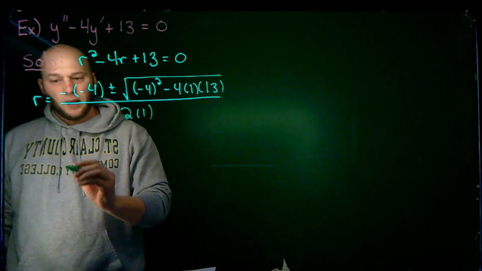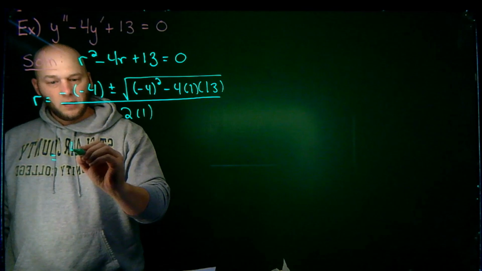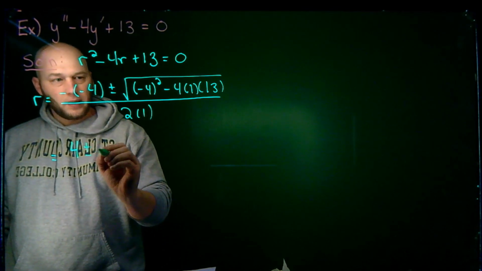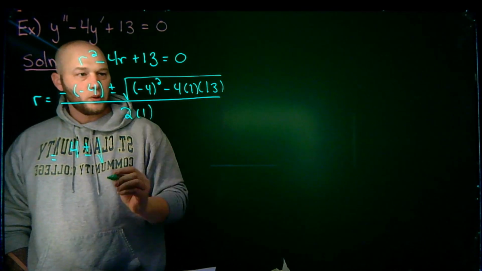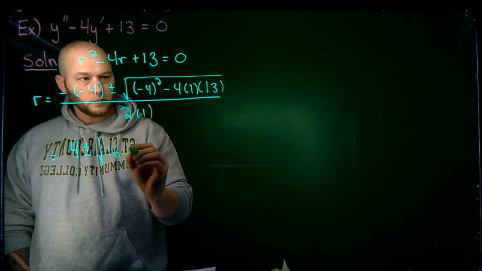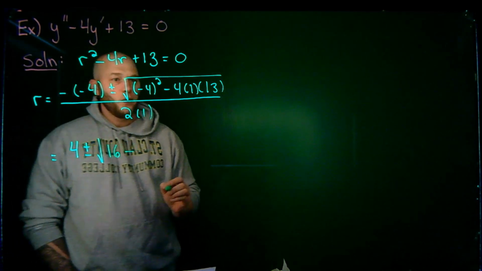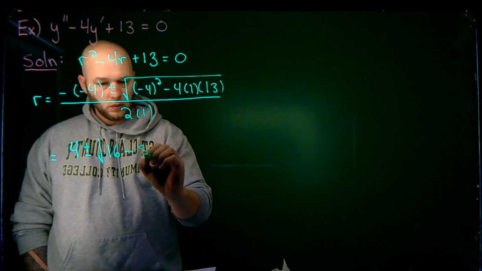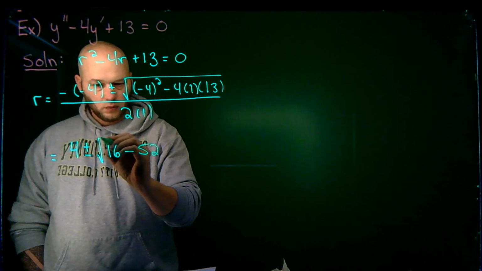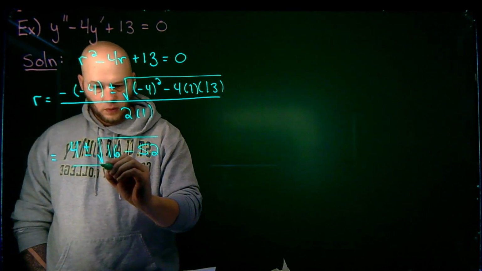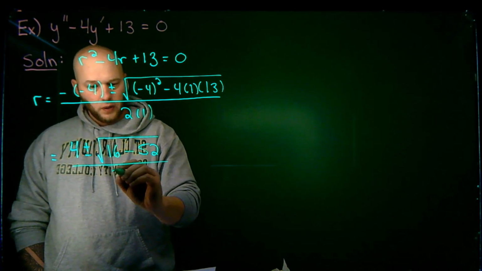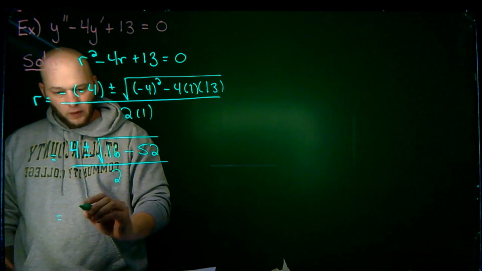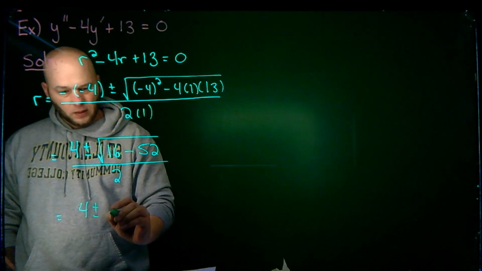And this would give me positive 4 plus or minus the square root, negative 4 squared would be 16, minus 4 times 13, which would be 52, all over 2. And so I get 4 plus or minus the square root.